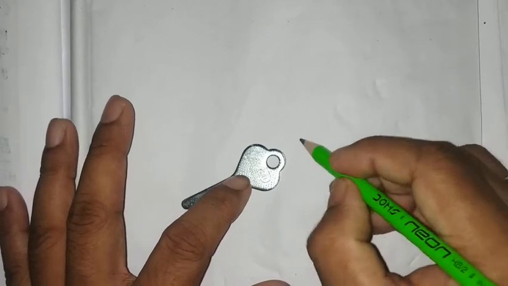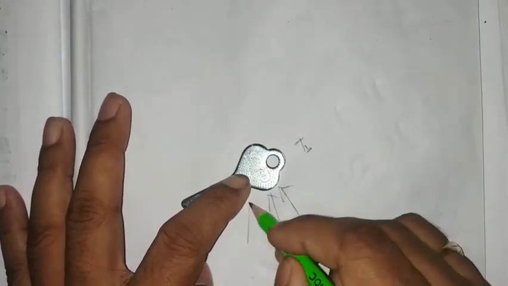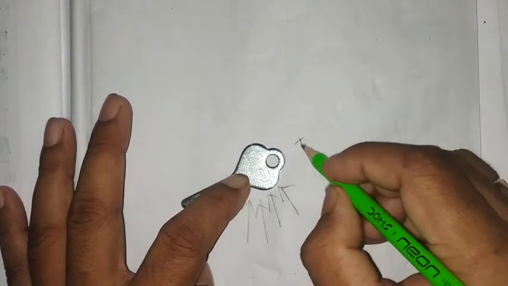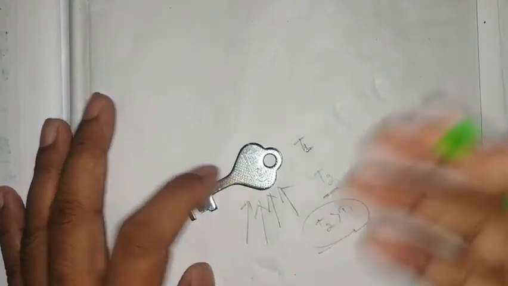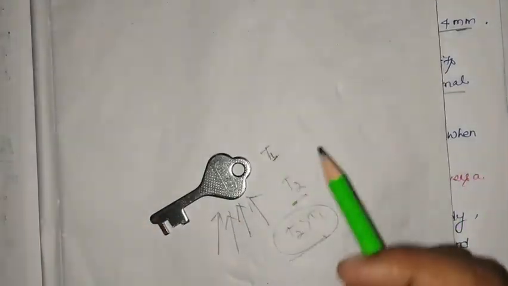Suppose initially it was at temperature T1, and after getting some thermal radiation from outside, its temperature became T2. T2 will be greater than T1. Temperature increases whenever the body takes heat radiation from the outside.